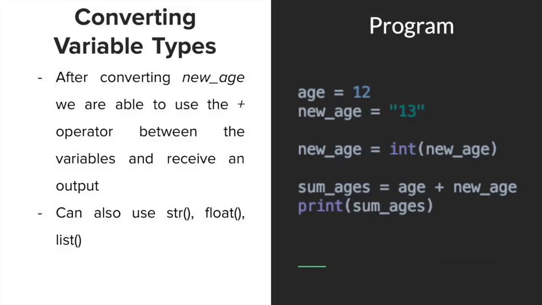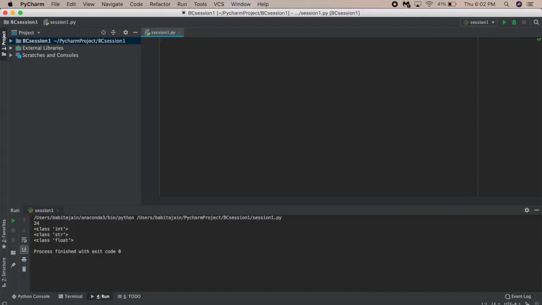You can convert one data type to another, which is known as type conversion. Let's see how that works. Suppose first number is equal to 12, and second number is equal to string 12.